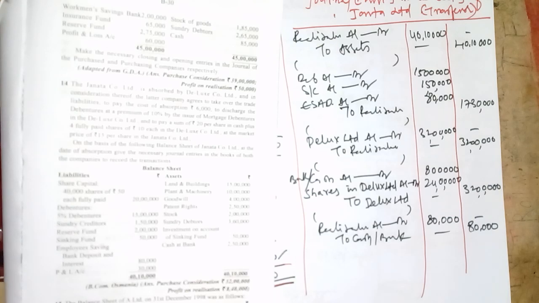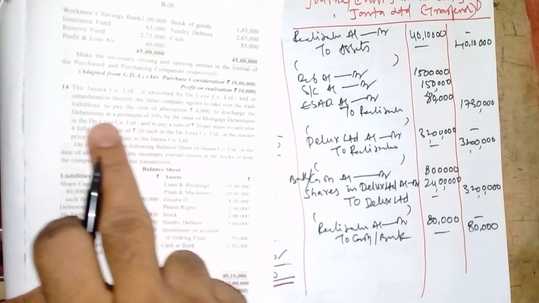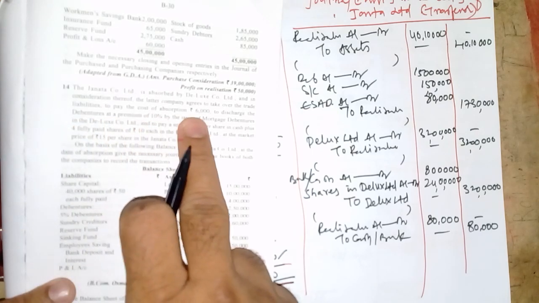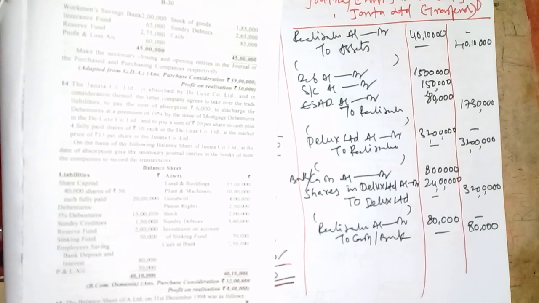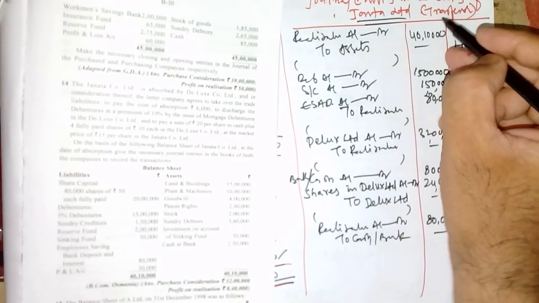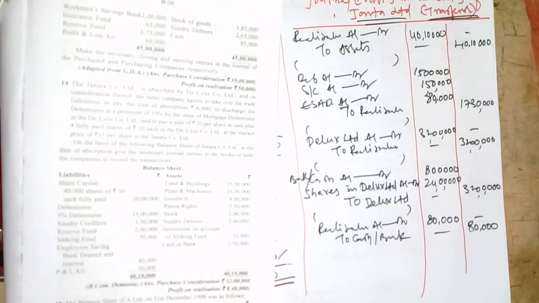Then next, realization expenses. With regard to realization expenses, what has happened? Absorption expenses 6,000. These are paid by whom? Deluxe. Whenever we are writing journal entries in the books of transferor, and expenses are paid by transferee, the better option is no entry. We don't pass any entry. Clear? So this realization expenses entry will not be passed.